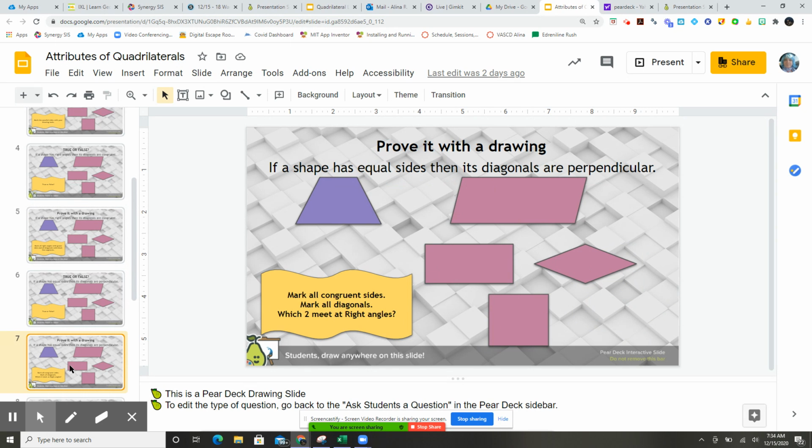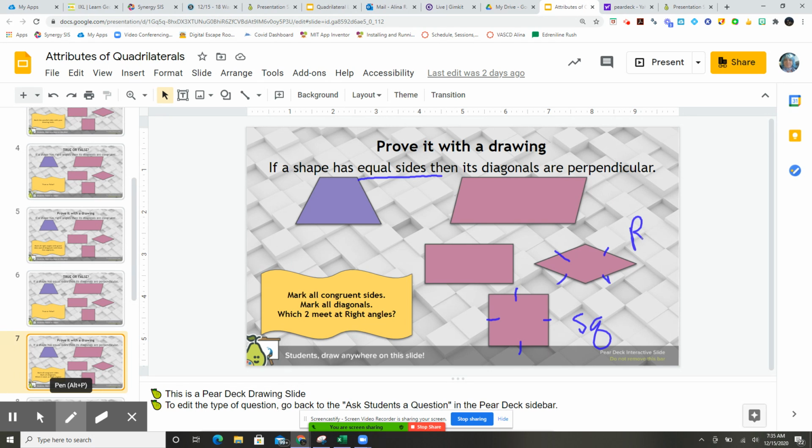So let's go down to slide 7 and look at that true and false. If a shape has equal sides, so which shapes have equal sides? Square, for sure. And there's one other shape that has all 4 sides that are equal. The rhombus, for sure. You guys are on it this morning.